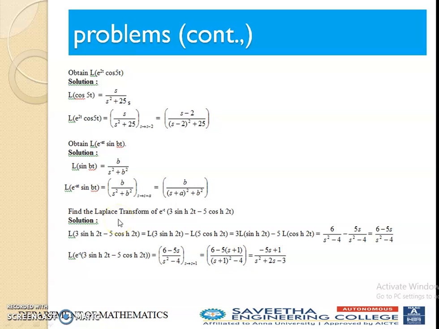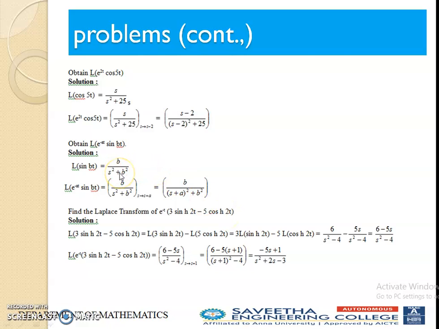The last problem is to find the Laplace transform of e power minus t into (3 sin h 2t minus 5 cos h 2t). Here we can write two cases. We know the formulas for cos h at and sin h at. Cos h at is s divided by s square minus a square.